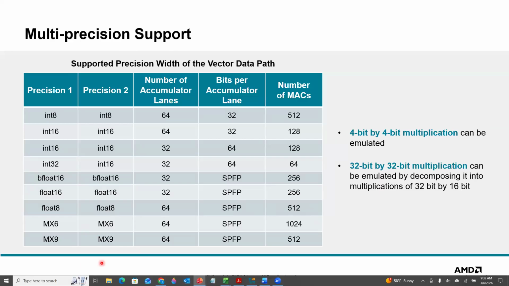And this is where it gets interesting when you start using those advanced floating point data types like MX6 and MX9, which are the block floating point types. The accumulator is still at 32 bits, but notice you can do up to 1K operations in a single clock cycle, and using MX9 is 512.